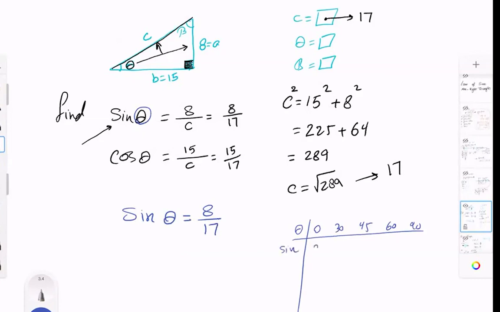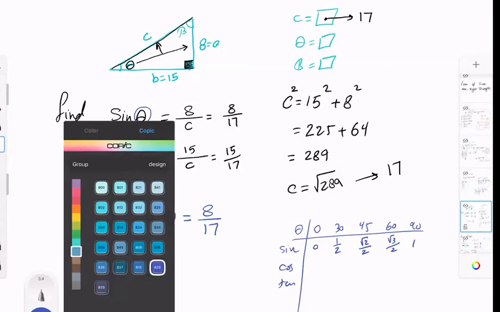Sine of 0 is 0, sine of 30 is 1/2, 45 is root 2 over 2, 60 is root 3 over 2. So you also need to know for cosine, for tangent. Again, this is the first quadrant that you need to know exact.